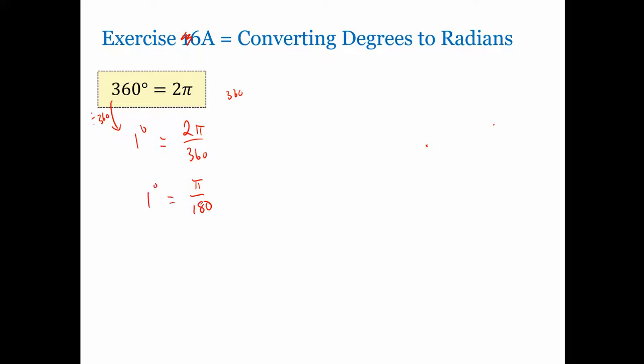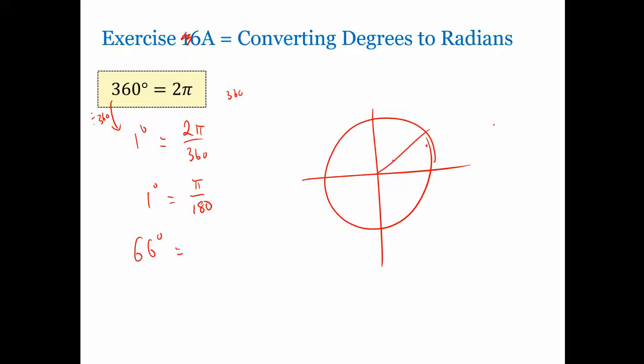That's equivalent to 1 degree. So if I now want to know what the radians is, let's say I asked you 66 degrees, and I want to know what the equivalent distance is, so that's the question mark, you can use this rule here, which really, it's not a rule, it's just ratios.